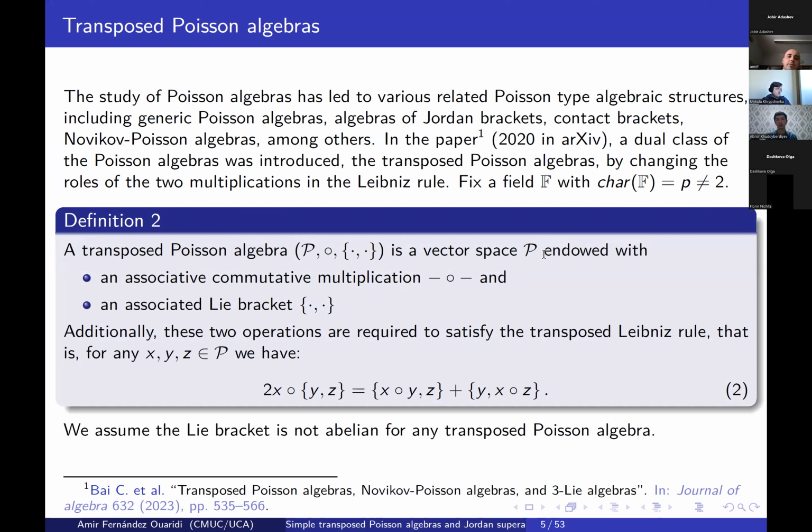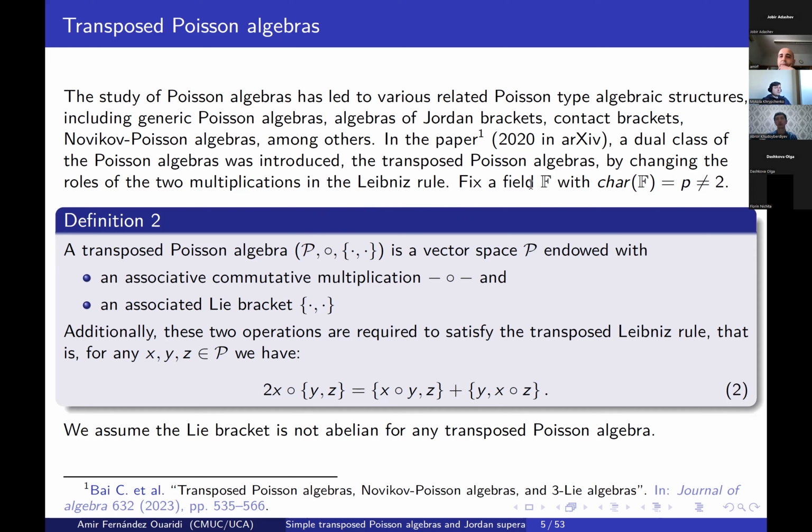And in a paper that appeared in 2020 on arXiv, a dual class of Poisson algebras was introduced, and these are the transposed Poisson algebras. This class was introduced by changing the roles of the 2 multiplications in the Leibniz rule.